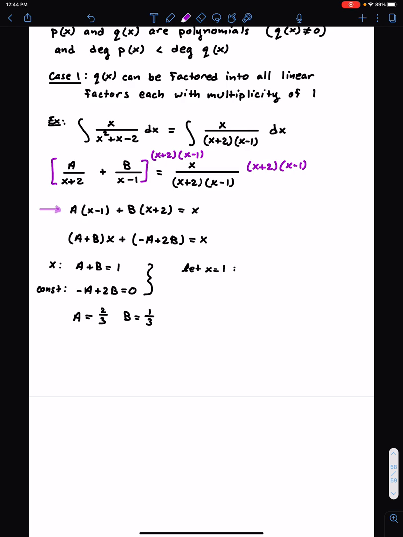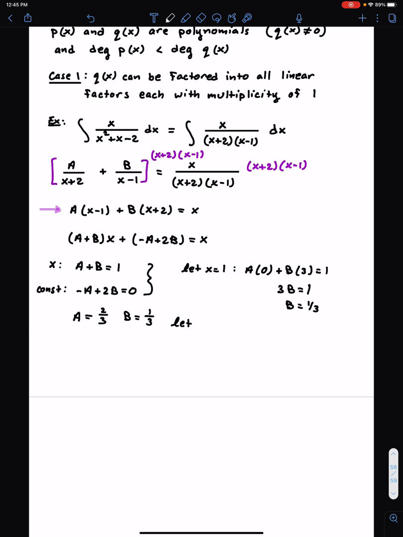I think it's the easiest. If x is 1, I have a times 0 plus b times 3 is equal to 1. So 3b is 1, which means b is 1/3.